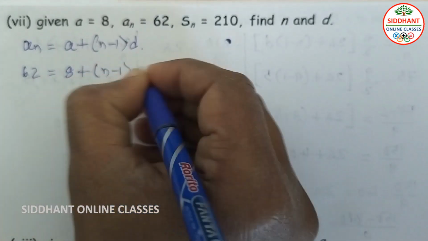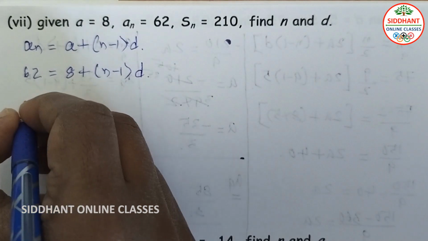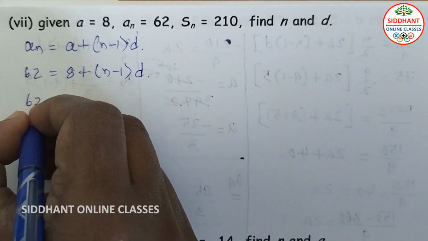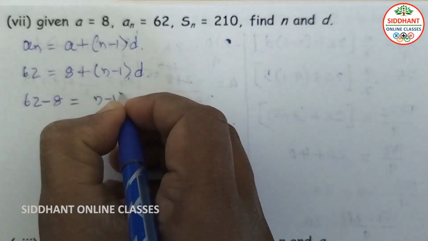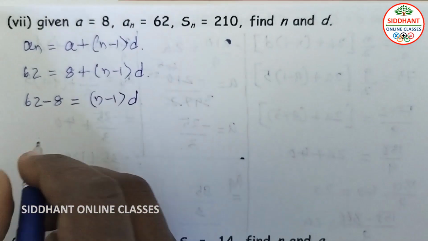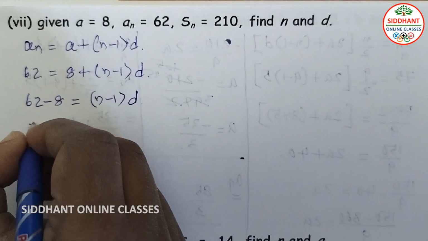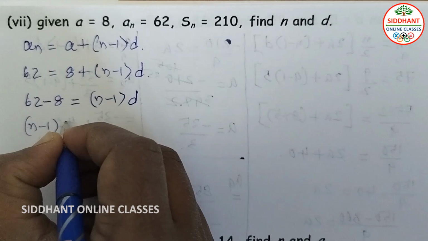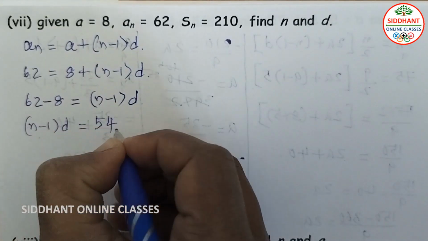So 62 minus 8 equals n minus 1 d. So 62 minus 8 is 54. So n minus 1 d equals 54 here.